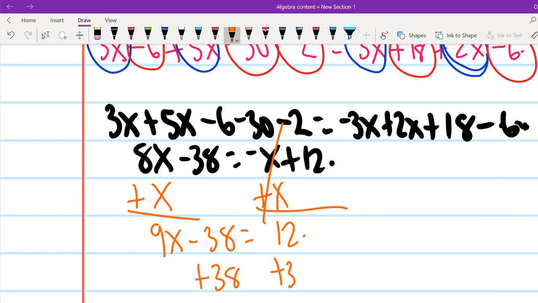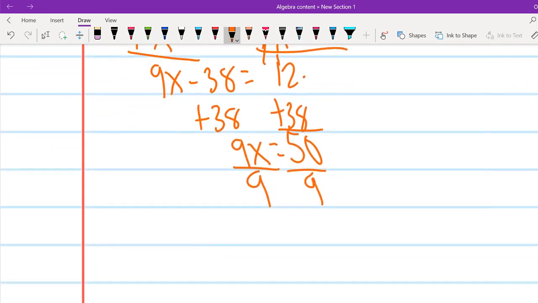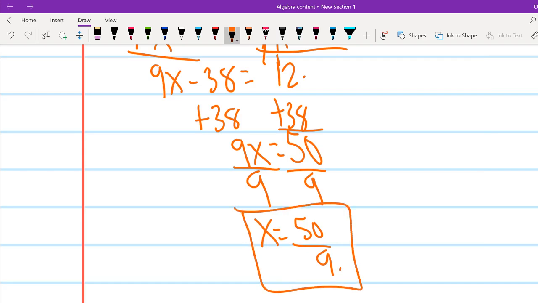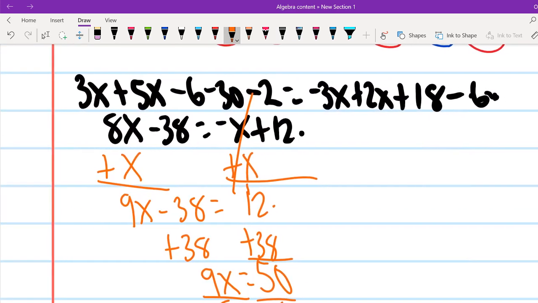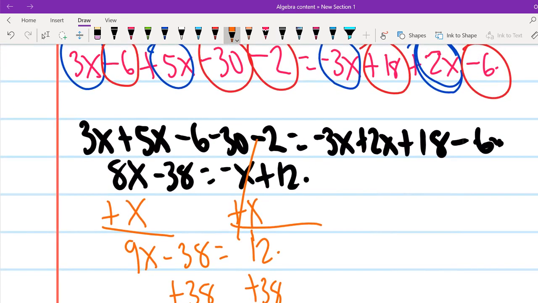And then you would add 38 on each side, giving you 9x equals 50. And then you would divide by 9 on each side to get x equals 50 over 9. Yeah, x equals 50 over 9. And you can always check your solution.